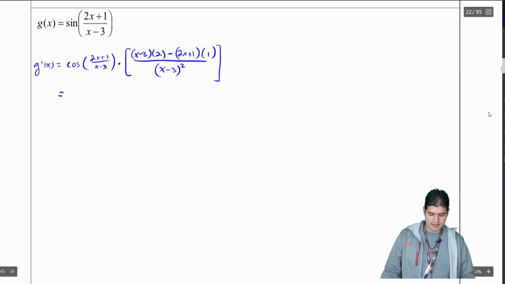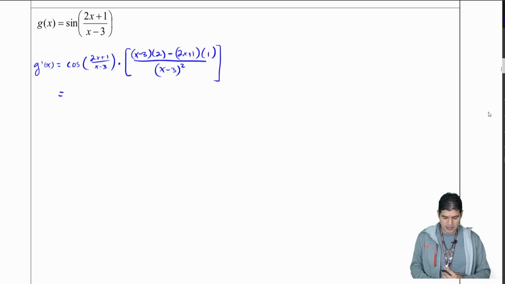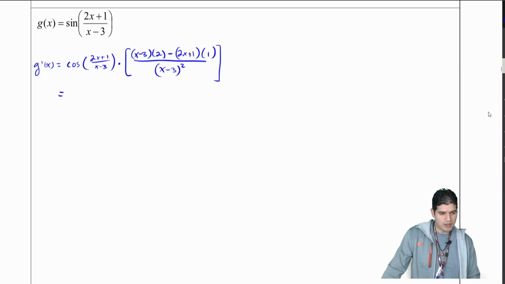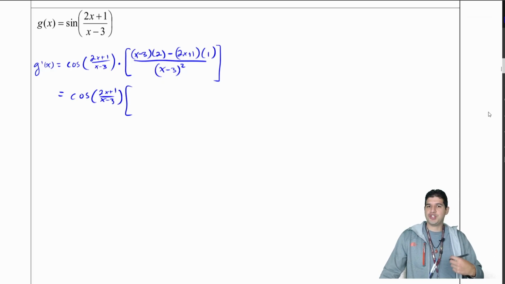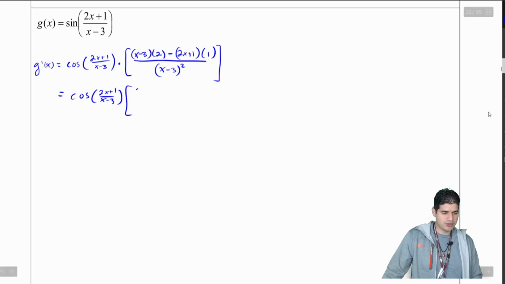All right, and again, this is just going to take the algebra stuff to simplify everything. So I'm going to hold on to the cosine of 2x plus 1 over x minus 3. That's not changing. But over here in my second part, I'm going to need to distribute a lot of stuff just to see what happens. So 2x minus 6, and then over here I have minus 2x minus 1 over x minus 3 squared.